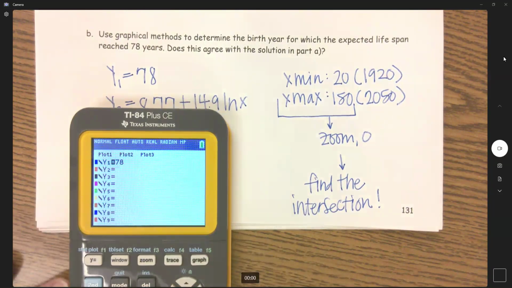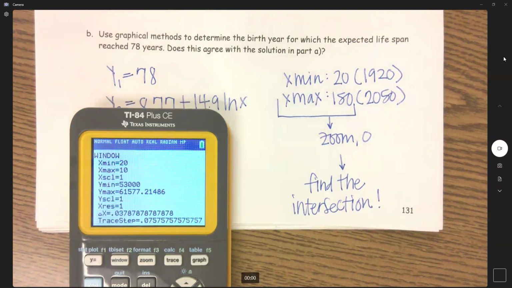My y1 is 78, and my y2 is my equation. Then we'll go into window. I'm going to go 20 to 150, and then hit zoom 0.